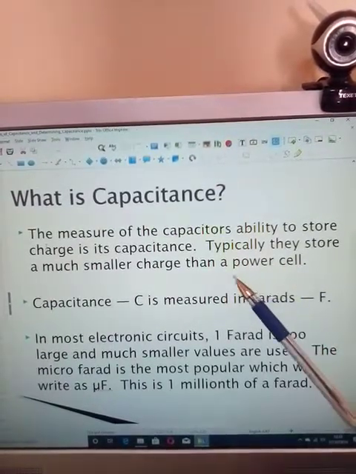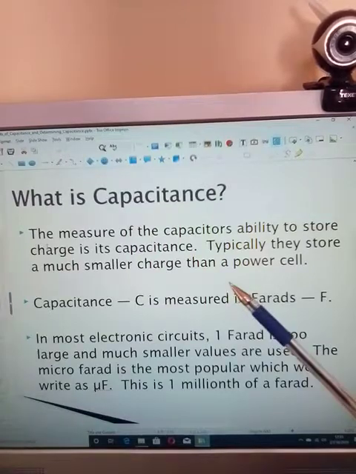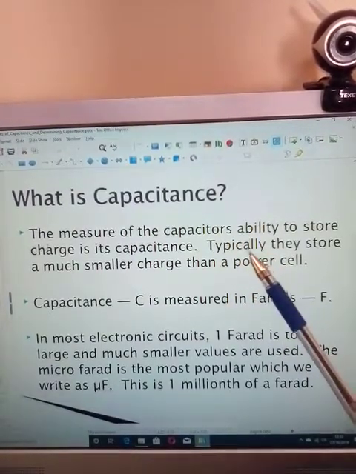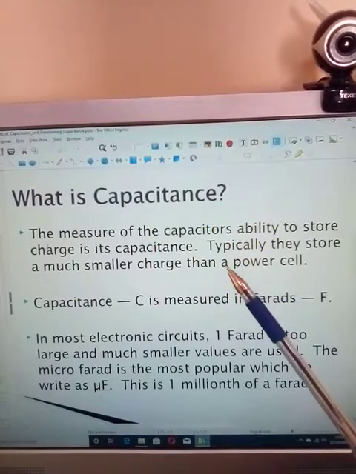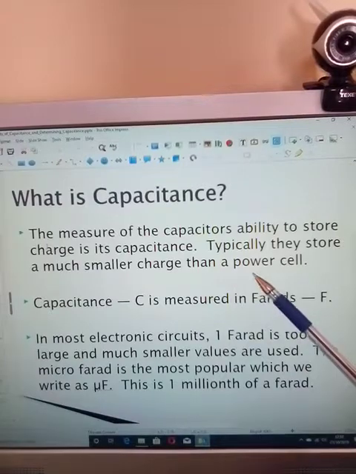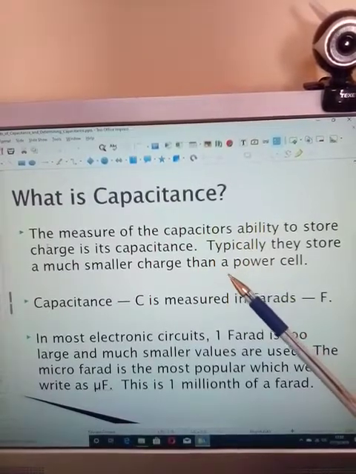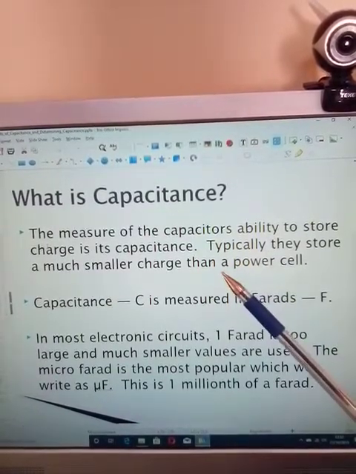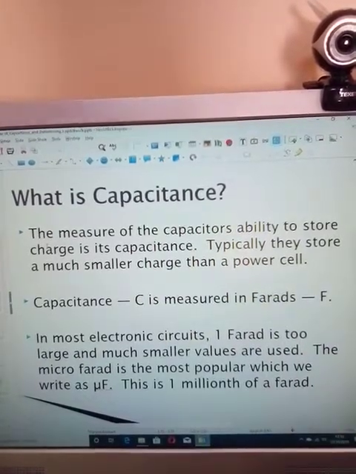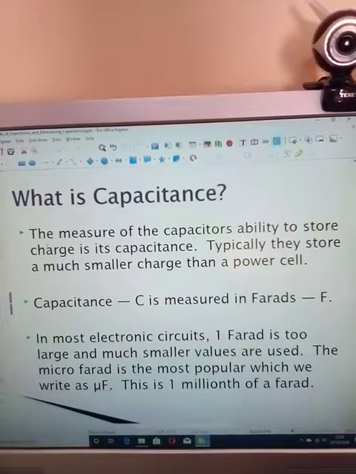A capacitor can hold a charge at quite a high voltage, depending upon the size of the capacitor we're talking about. So in some cases it can be as small as a power cell, but in some cases it can be in thousands of volts discharge. So bear that in mind and keep safety aspects in mind at all times.